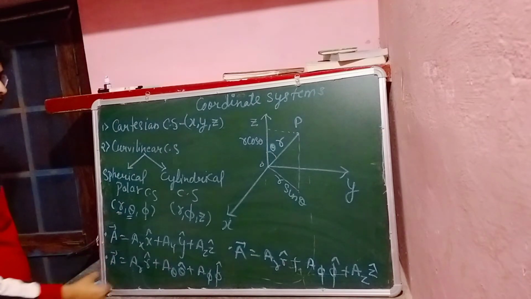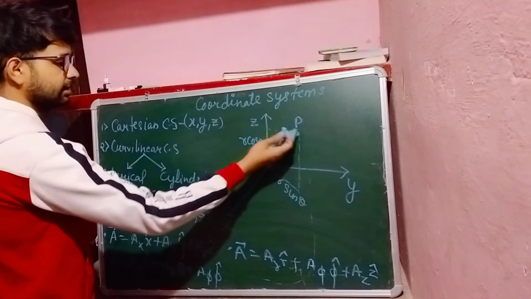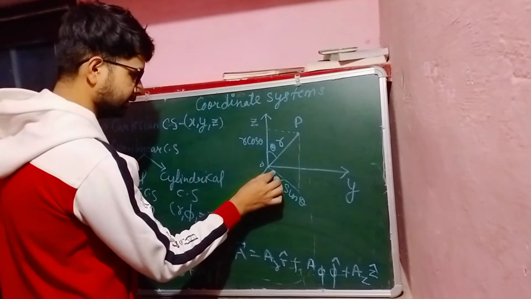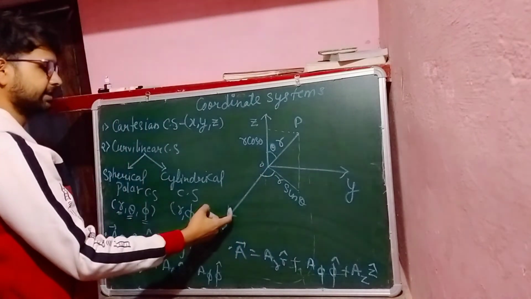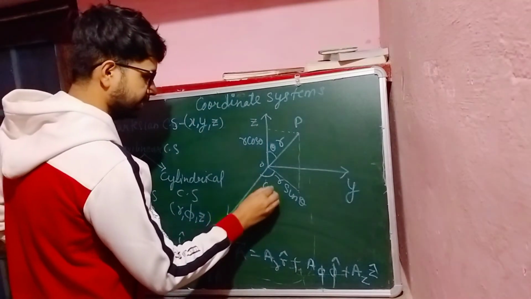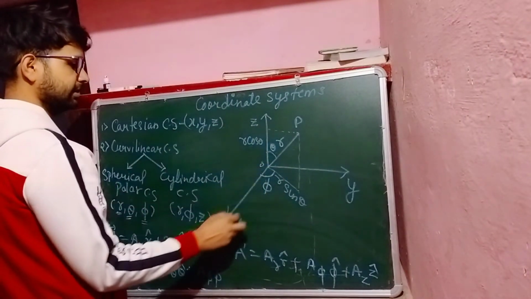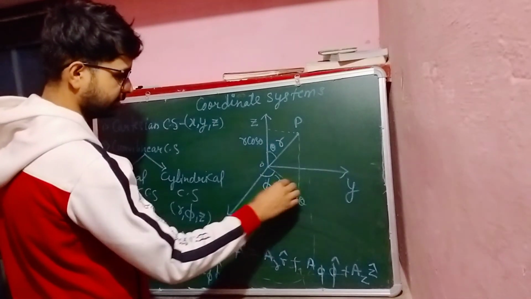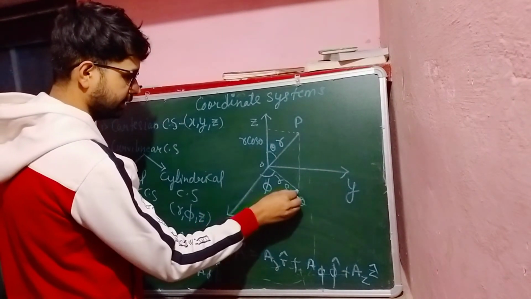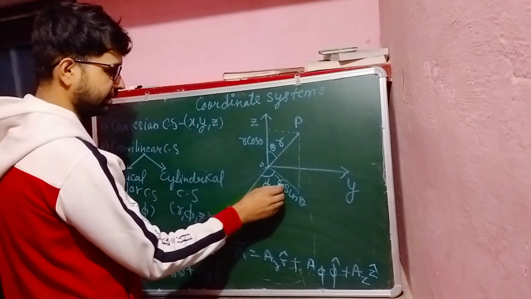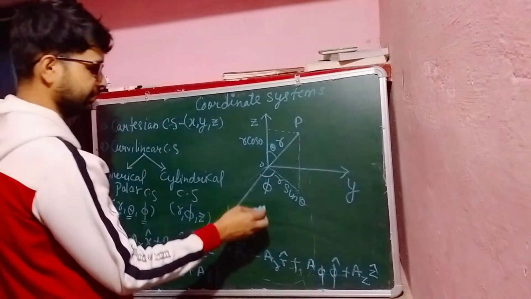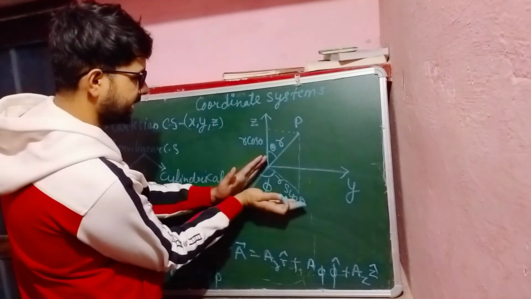This is the angle of r with z, and phi is the angle between the x-axis and the projection of r on the xy plane. This is phi. If this is phi, then the value of x is given by drawing a perpendicular from here to here, which gives the cos phi component, and the perpendicular is r sine theta. So this becomes r sine theta cos phi, because this is the cos component here and this will be the sine component here.